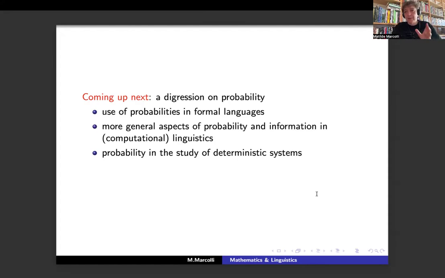But before I start to introduce the recent theory, I want to discuss one last topic that is still related to the formal languages perspective, which is the incorporation of probabilities in formal languages.